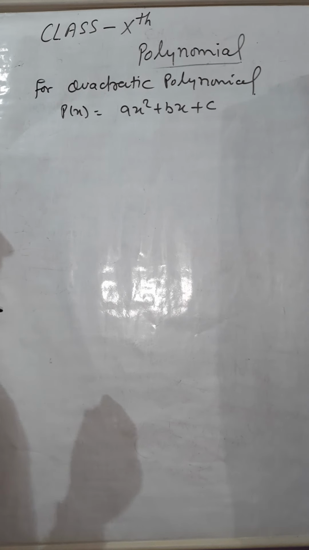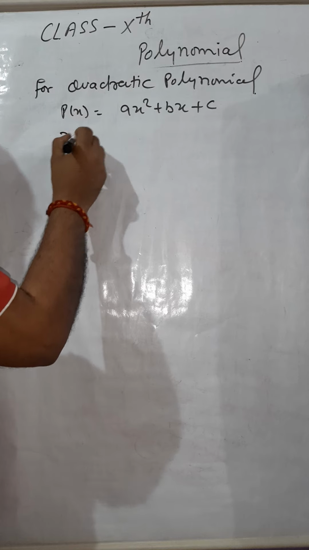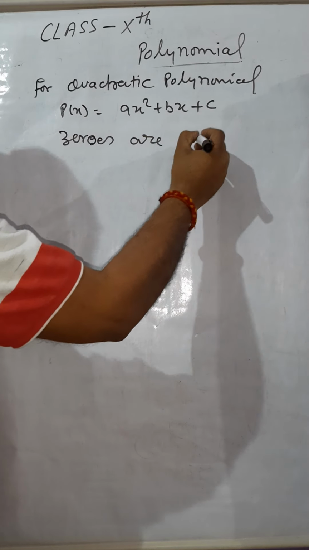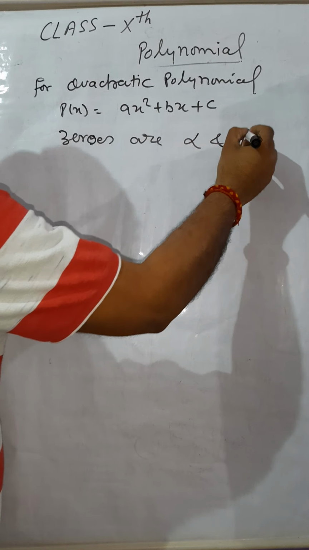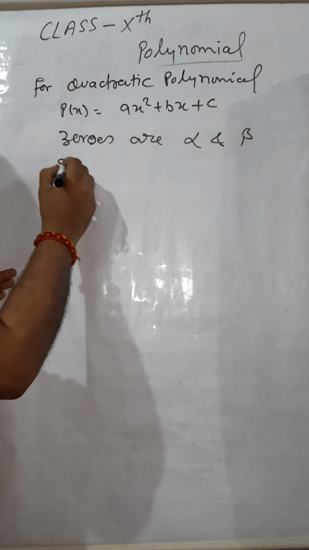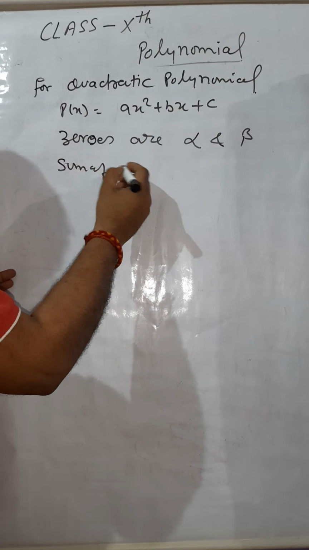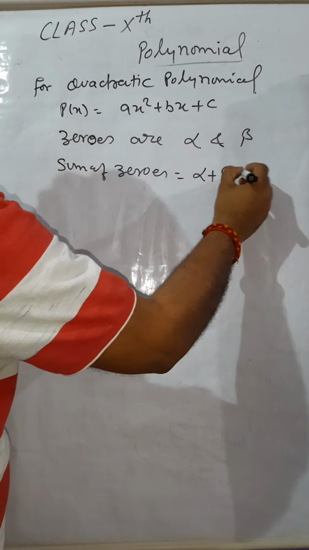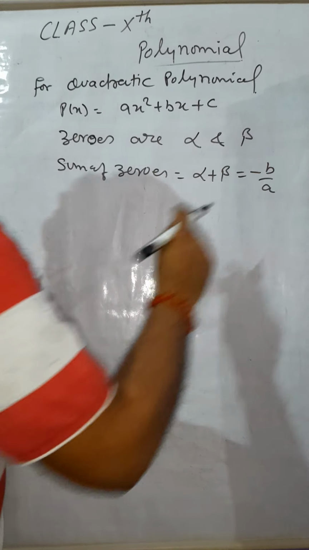If the zeros are alpha and beta, then the sum of zeros, alpha plus beta, is equal to minus b upon a.